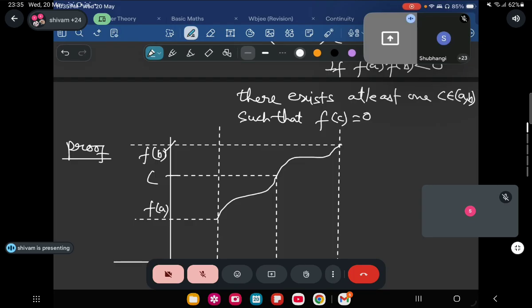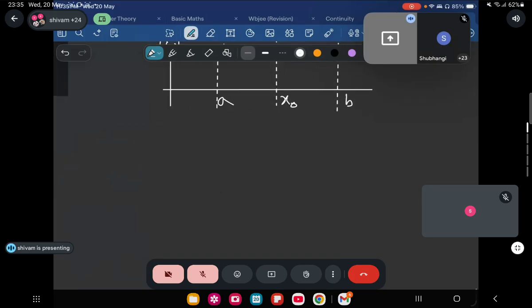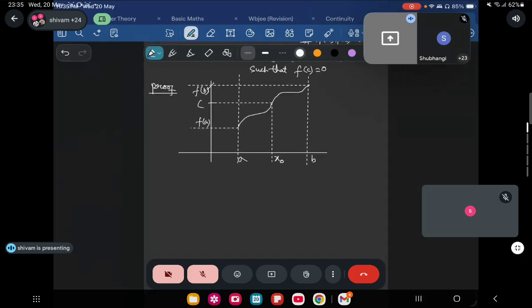Tell me, you draw the graph any way you want, you'll get the same result. There can be multiple, but there exists at least one x naught belonging to a comma b such that f of x naught is equal to c. See, I'm going to show you multiple points between a and b such that f of x naught is equal to c.